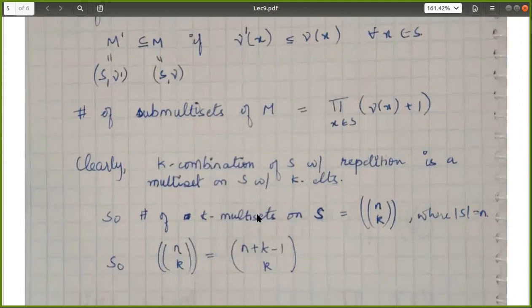Therefore, the number of K multisets on a set S is going to be this particular number. Do you people agree or not? Take your time.